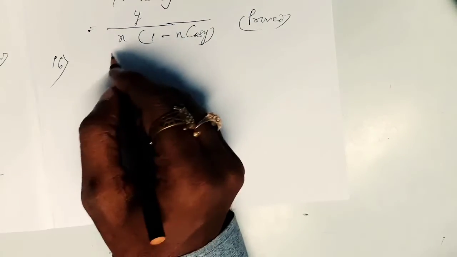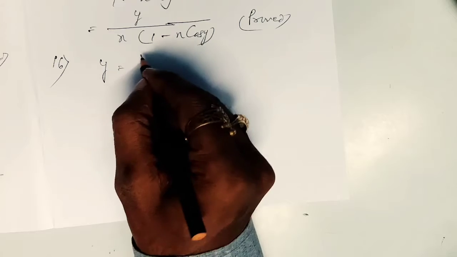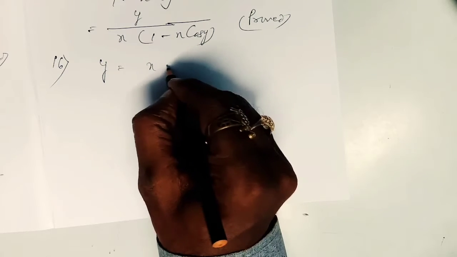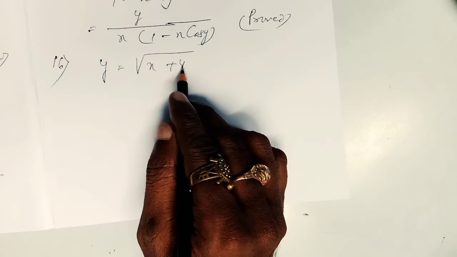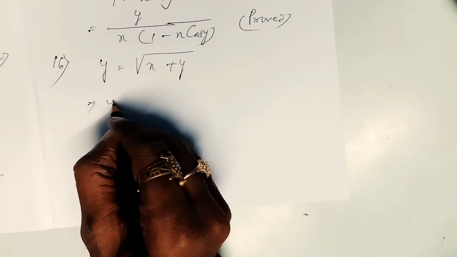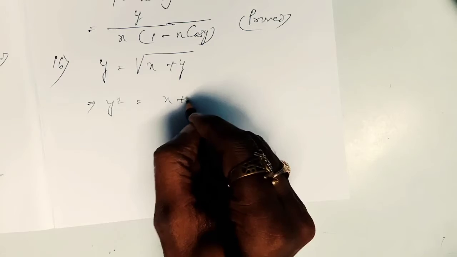Number 16 is given: y equal to x plus root over x plus root, and so on. Because it is an infinite series, I can write y inside the root. Now squaring both sides, y square is equal to x plus y.